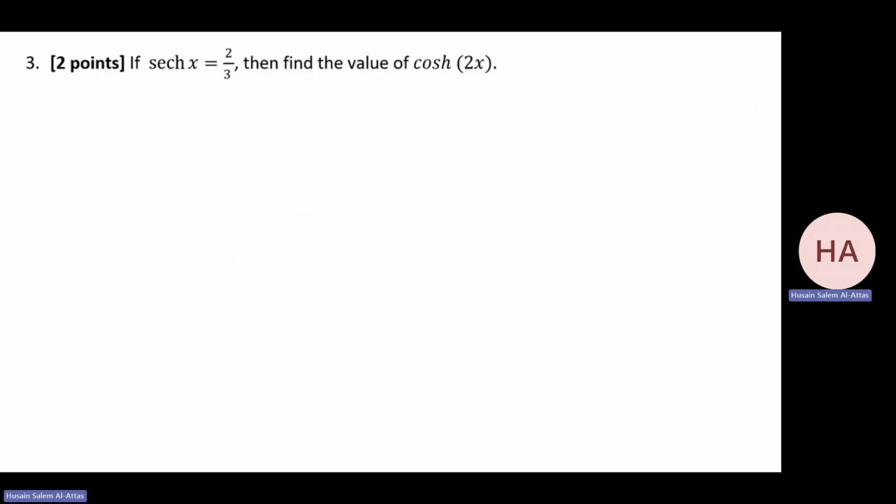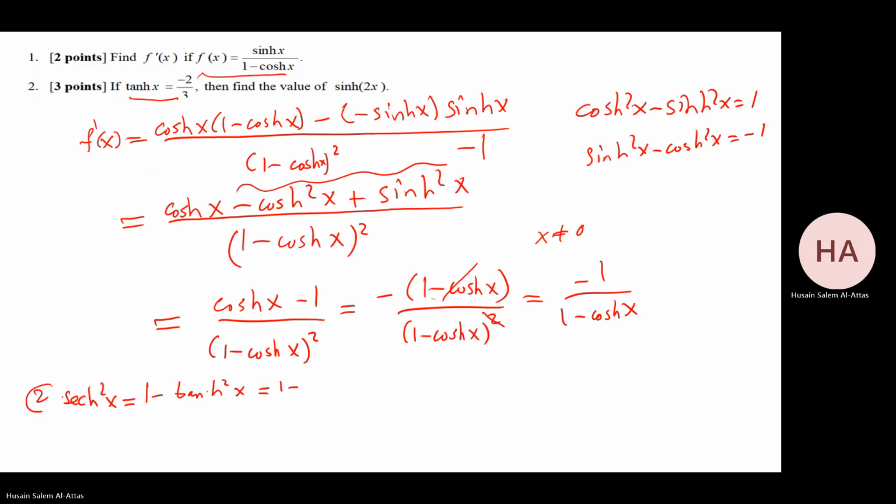So it's 1 minus 4 over 9. That will be 5 over 9. So secant hyperbolic will be square root of 5 over 3. So cosine hyperbolic will be 3 over square root of 5.